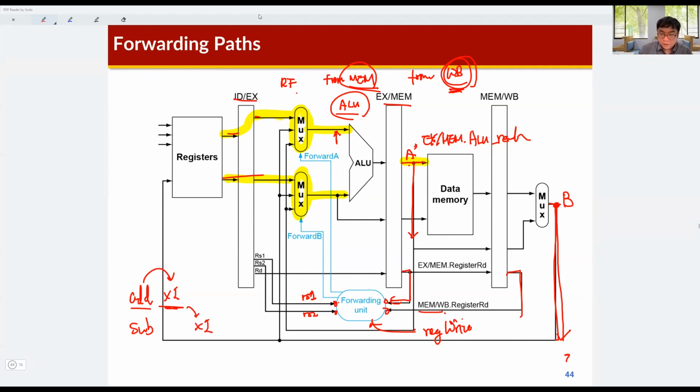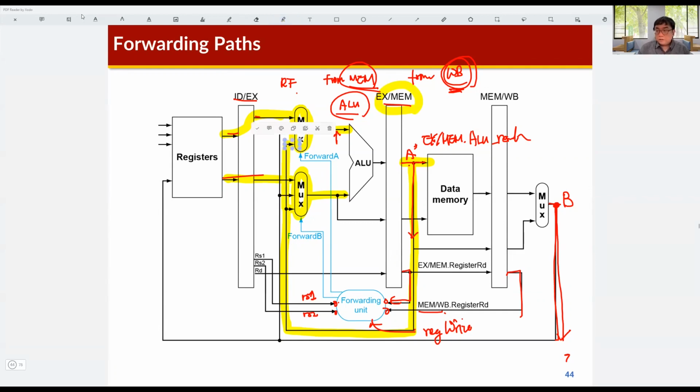In this case, this value should be forwarded from the EX/MEM pipeline register. You can find this forwarding path from the EX/MEM pipeline register here.